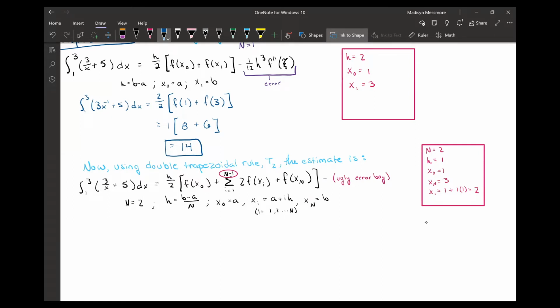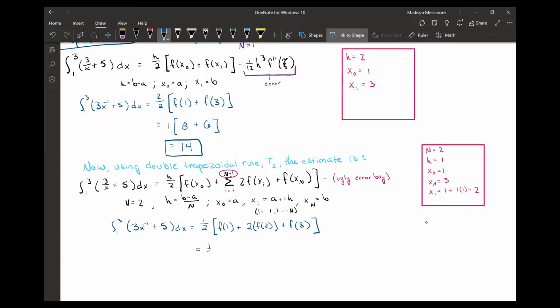I'm getting there. You have to find both steps before you can get to that. Anyway, back to this boy here. Our integral from 1 to 3 of 3x to the negative 1 plus 5 dx is equal to 1 over 2 times f of 1 plus, in this case, 2 times f of 2 plus f of 3.